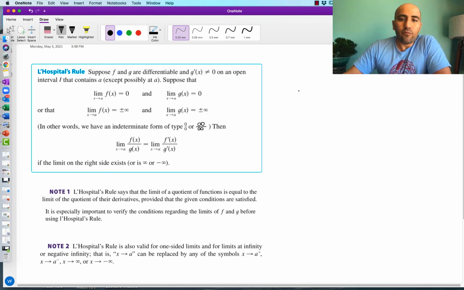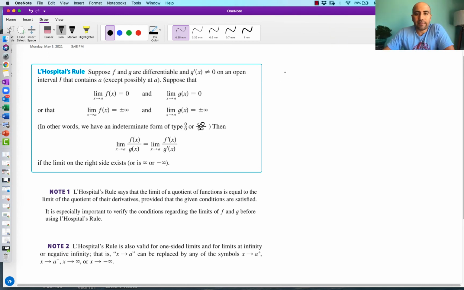If we are asked to find the limit as x approaches a of some function f of x over g of x, what we're going to do is a little bit of side work.